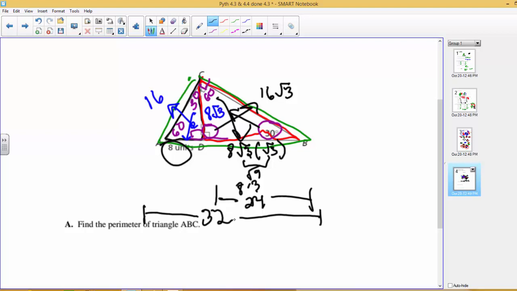Okay, so the first question says find the perimeter of A, B, C. So that's actually the big green triangle. So that is 32. 16 plus 32 plus 16 square root of 3.